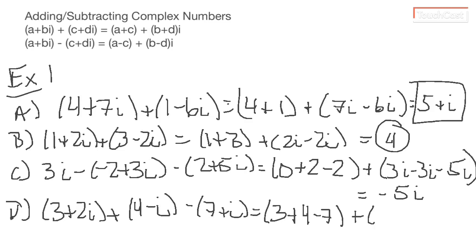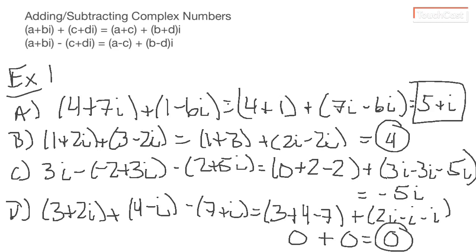And then we're going to take care of the imaginary parts. 2i minus i minus i. Well, 3 plus 4 is 7. 7 minus 7 is 0. So our real part is 0. 2i minus i minus i also makes 0. So we're just going to end up with a big 0 for that one.